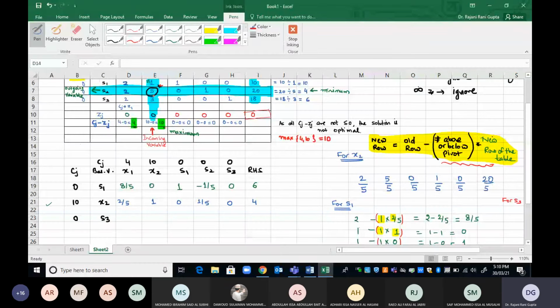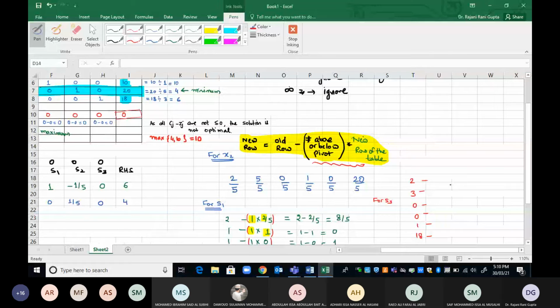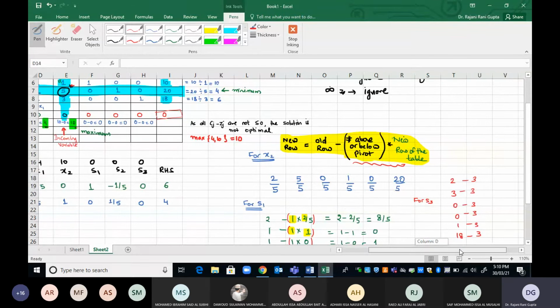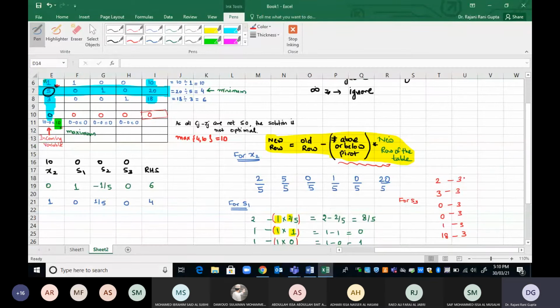So here the number is 3, multiplied by the new row of the table. The new row is the same one, the one with X2: 2 by 5, 1, 0, 1 by 5, 0, 4. It will not change. Then we simplify. This is for S3.